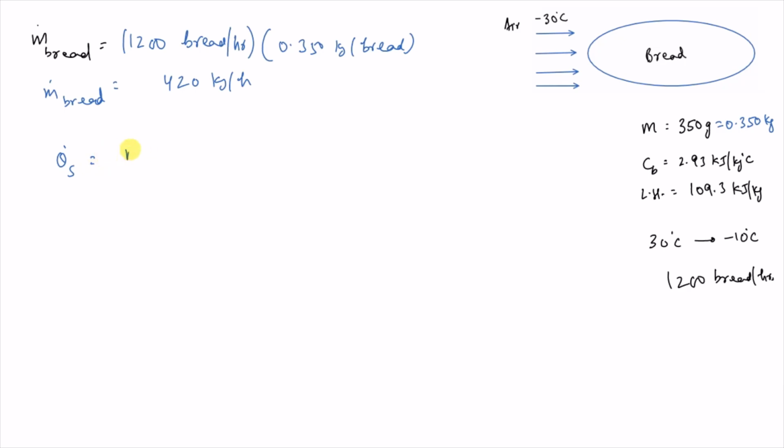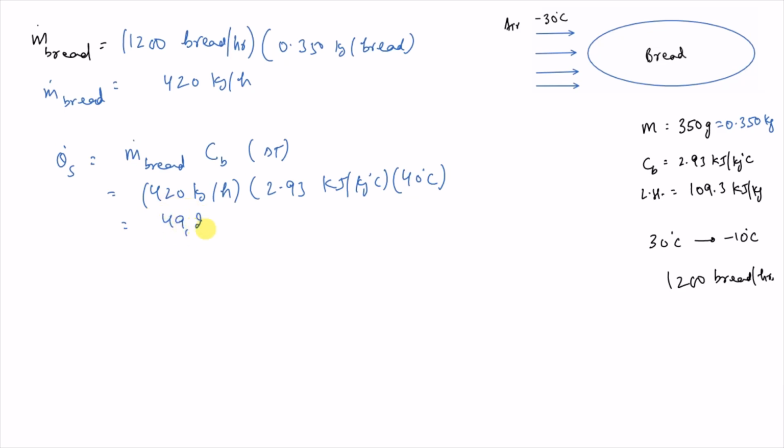So Qs dot, we know it is m dot of bread times C of bread times delta T. So mass we have calculated as 420 kg per hour times Cb, given as 2.93 kilojoule per kg degree Celsius, times delta T, which is 30 degrees Celsius minus minus 10 degrees Celsius, that is 40 degrees Celsius. So we're going to solve this and we'll get the value as 49,224 kilojoule per hour. So this is the sensible heat removed.